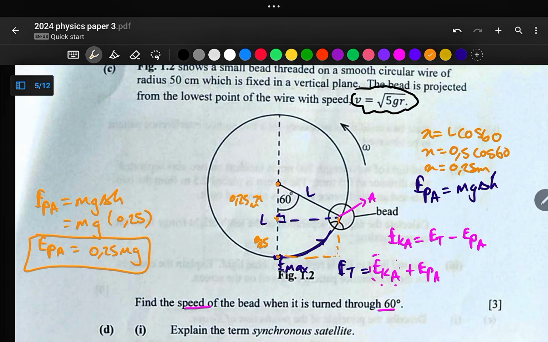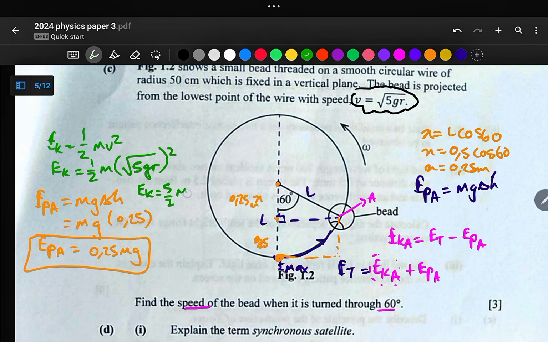Take note of this one, and let us move on to the next stage of our calculation, the total kinetic energy at this point. Given that the speed at this point is the square root of 5gr, and we all know that kinetic energy is equal to half mv squared, the kinetic energy is half m times the square root of 5gr, squared. If we square the square root, we can simply remove the square root, so our kinetic energy is now equal to 5/2 mgr.